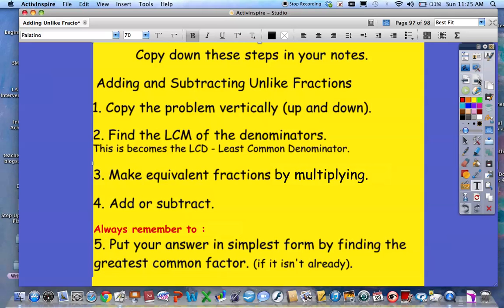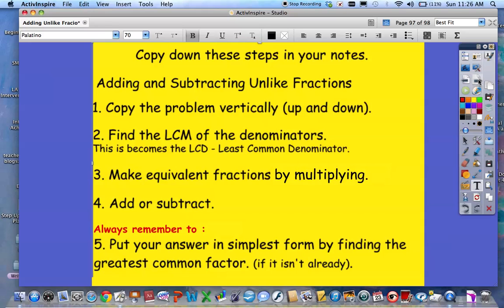Remember to notice your sign. Add when it says add, subtract when it says subtract, and be very careful that you do correct computation. Check it, double check it. Then always remember to, the final step, put your answer in simplest form by finding what? The greatest common factor.